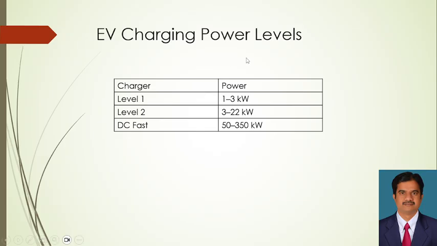In level 2, the supply voltage is 240 volts AC for the power capacity of 3 to 22 kilowatt. For level 1 also you can use level 2, but with reduced voltage. But if the power rating is 50 to 350 kilowatt, then we go for DC fast charging. You cannot go for level 1 and level 2 type of charger.